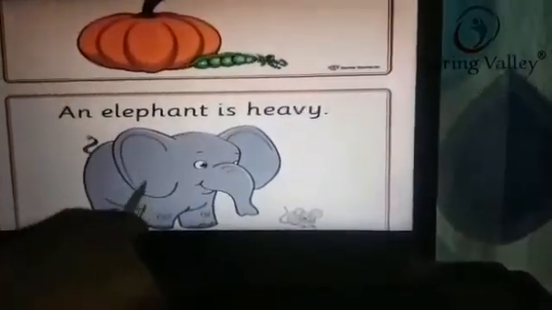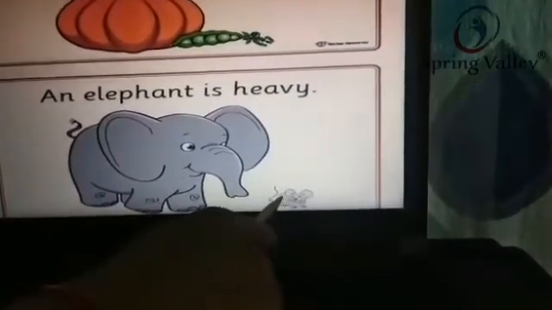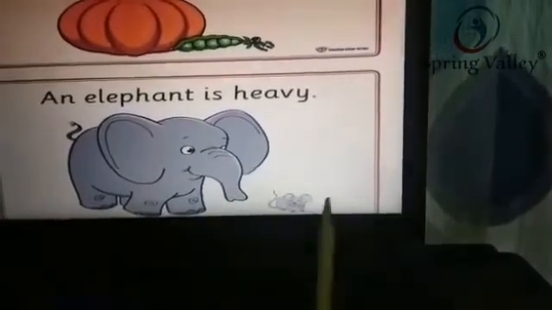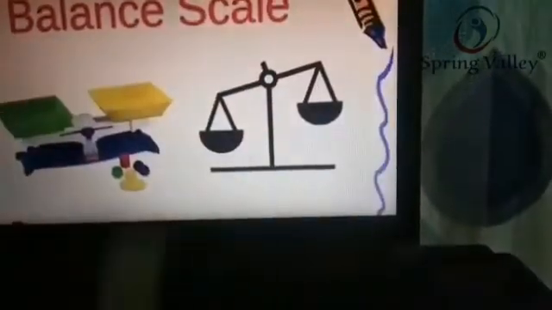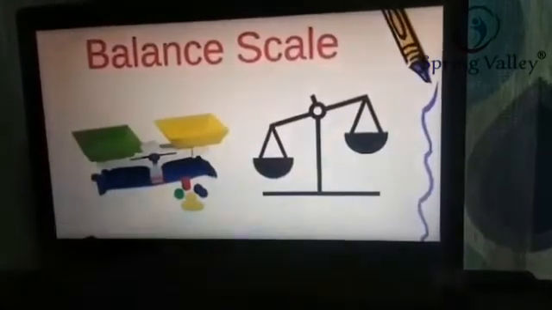An elephant is heavy, the rat is light. Heavy, light. So, with the help of the balance scale and weighing machine, we weigh things.